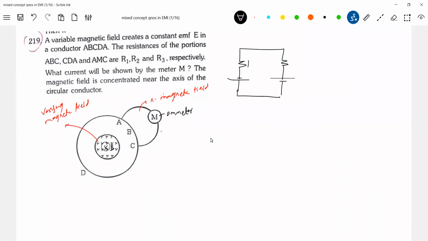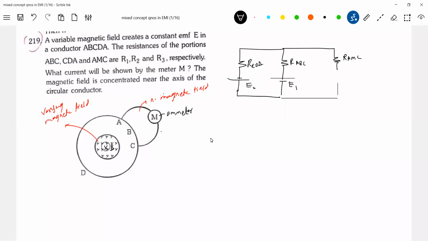This should be RADC, RCDA. This will be RABC, the resistance. And let this EMF be E1, let this be E2. And the resistance of the other part is RAMC.